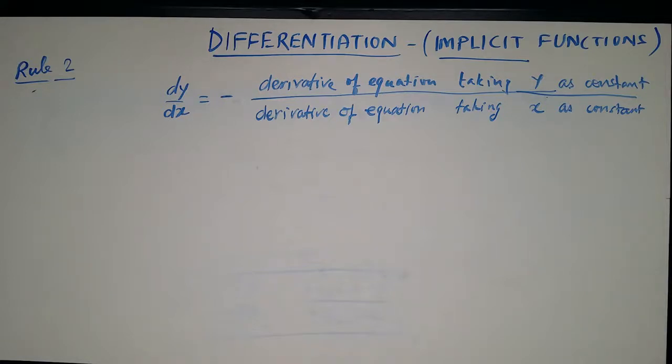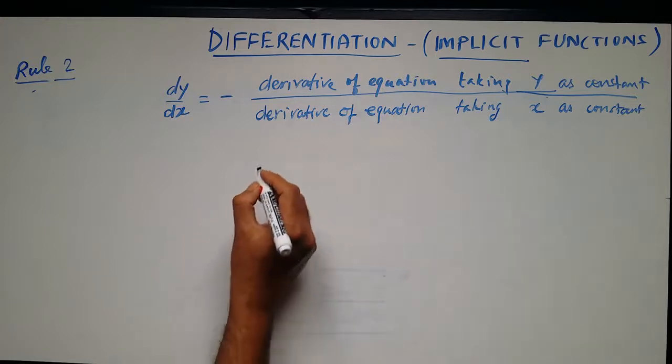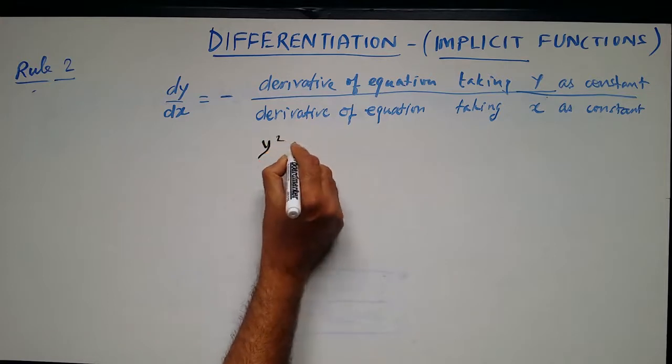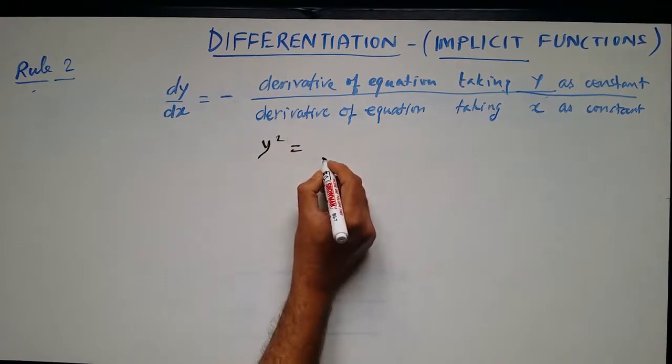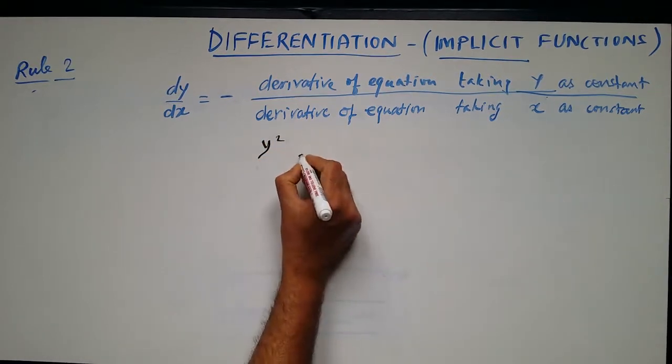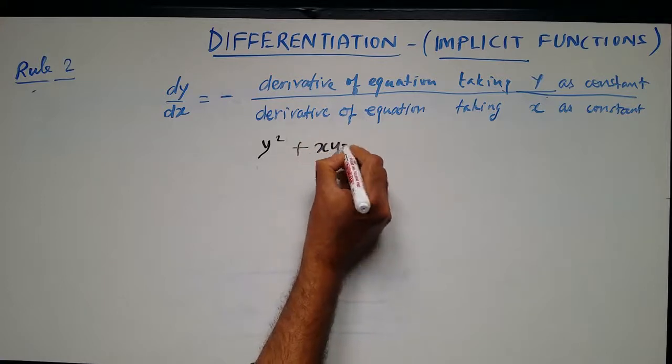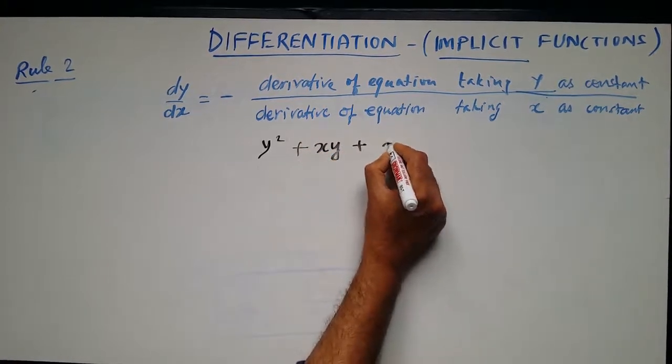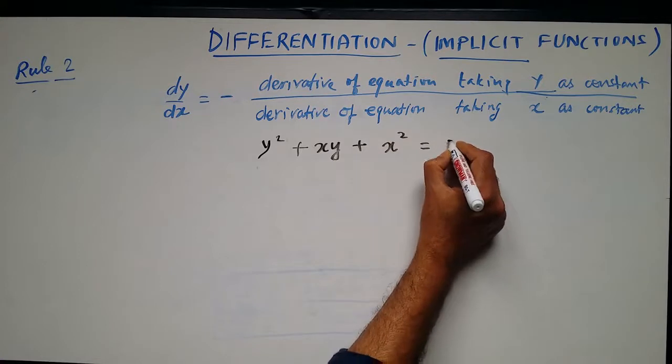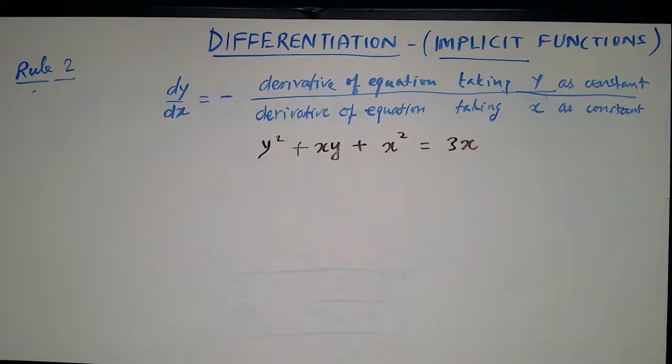Let's take the same problem again and solve it using rule number 2. So y squared plus xy plus x squared is equal to 3x. This was the problem.